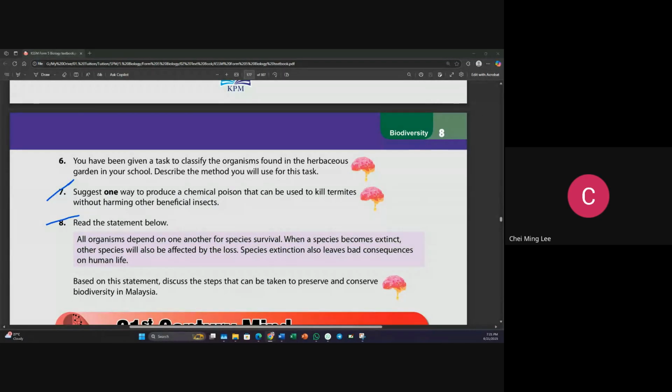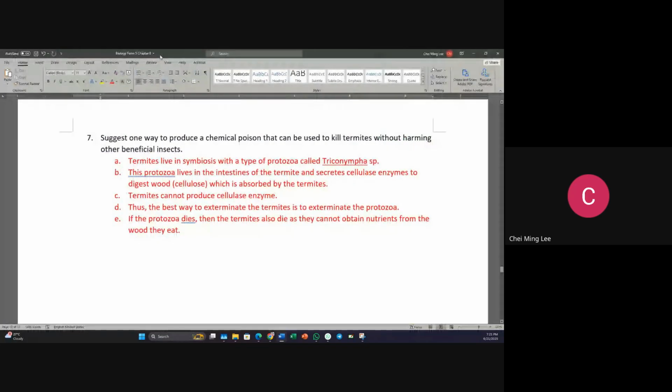All right, so let's see the answer. Suggest one way to produce a chemical poison that can be used to kill the termite without harming other beneficial insects. So we know that termites live in symbiosis with a type of protozoa we call Trichonympha species.